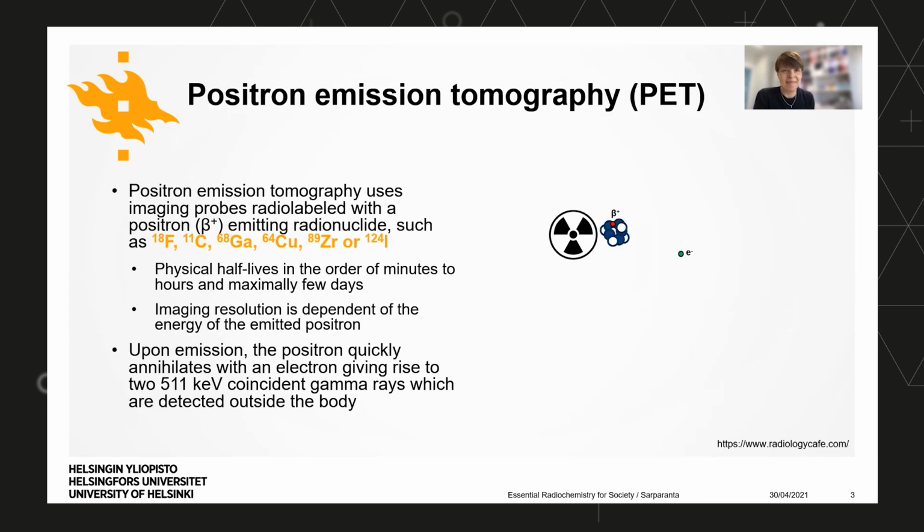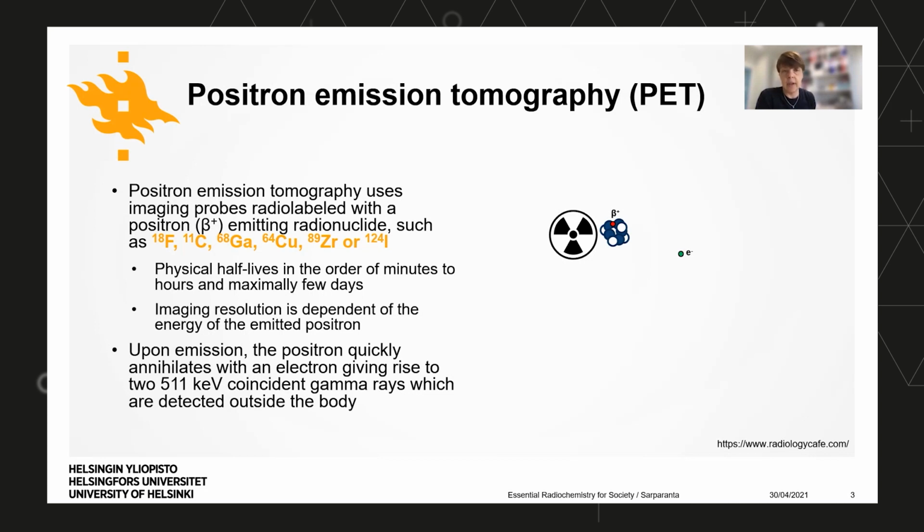Next slide, please. So just a quick overview of positron emission tomography. It uses imaging probes radiolabeled with positron emitting radionuclides, such as fluorine-18, carbon-11, gallium-68, copper-64, zirconium-89, and iodine-124, to name a few. These are isotopes of interest for immune imaging, maybe apart from carbon-11, which is not really used.